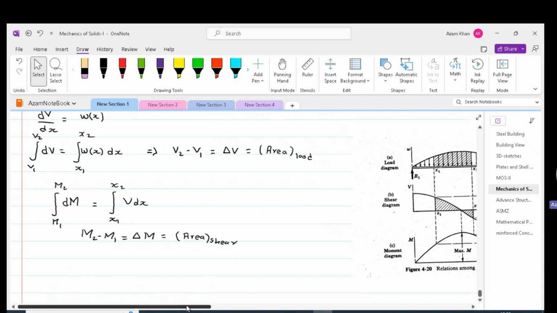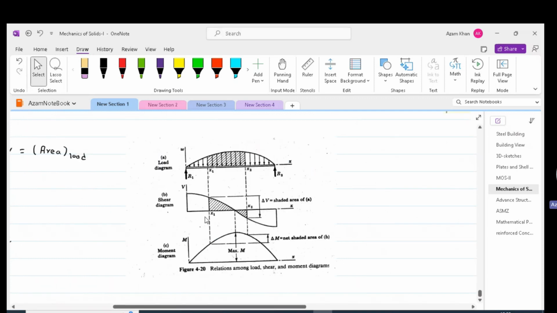We can also illustrate this principle by considering the simply supported beam, which is subject to some variable loading. So the change of shear between x1 and x2 should be equal to the area of the load diagram between x1 and x2. So the area under the curve between x1 and x2 should give us the change in shear between these 2 points.